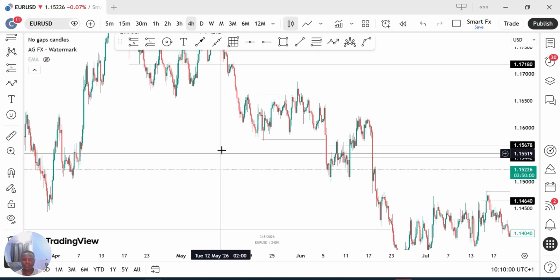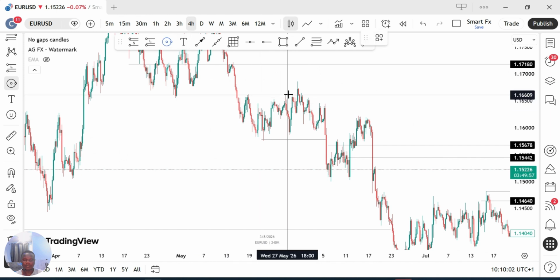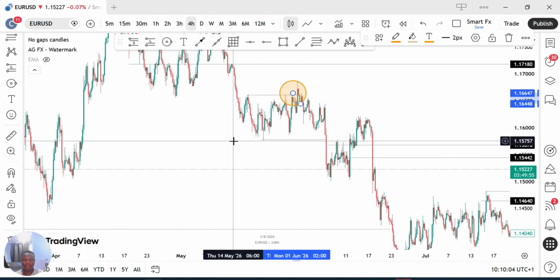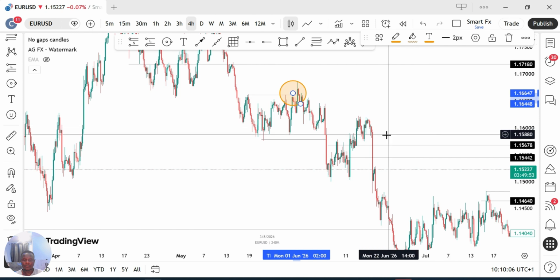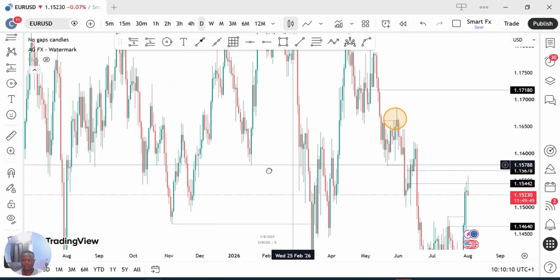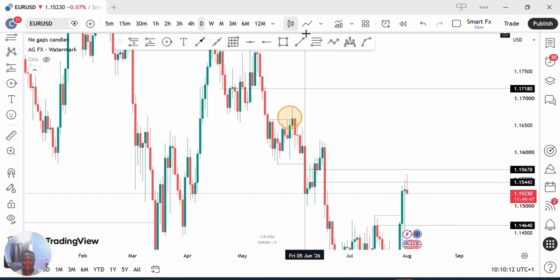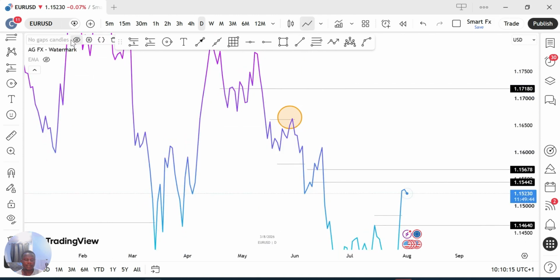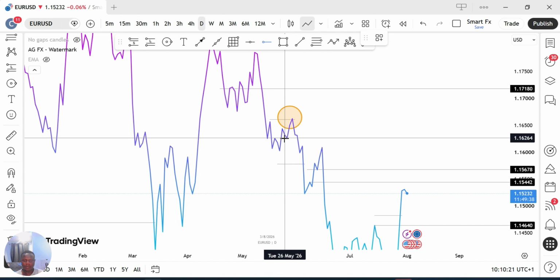Now I will go to my daily time frame. Let me mark it here so I will know where we are. I will change this chart to a line chart. Then I will mark out the zones where I feel the market is. Remember, we had the break of structure here. I'll mark out the zones.